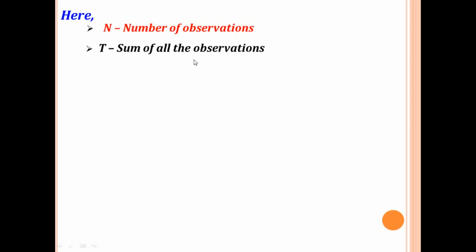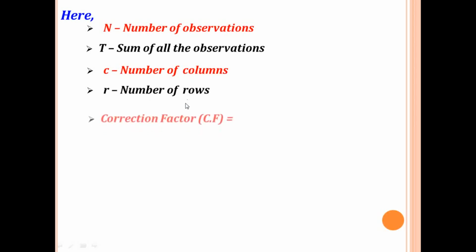Next we see the meaning of the two-way classification parameters. Here n is the number of observations, T is the sum of all observations, c is the number of columns, r is the number of rows, and the correction factor is denoted by CF, same formula T squared by n.